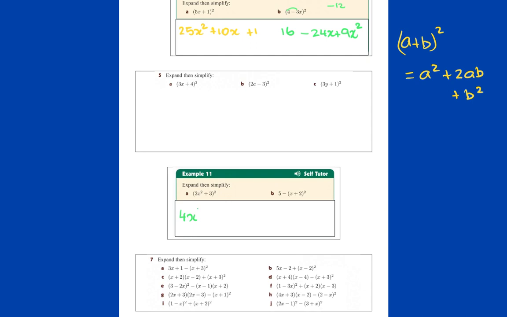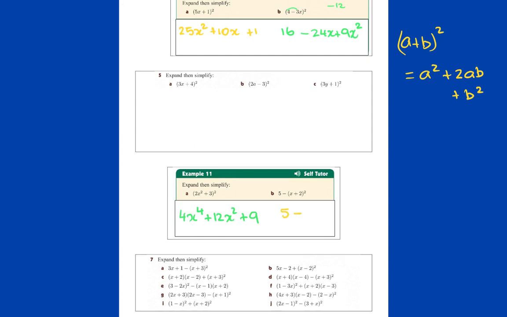So I've got 4x to the power of 4, so (2x squared) all squared, plus 3 squared, which is 9, and then I'm going to times those two terms and double it. And the last one, now this one's a little tricky.